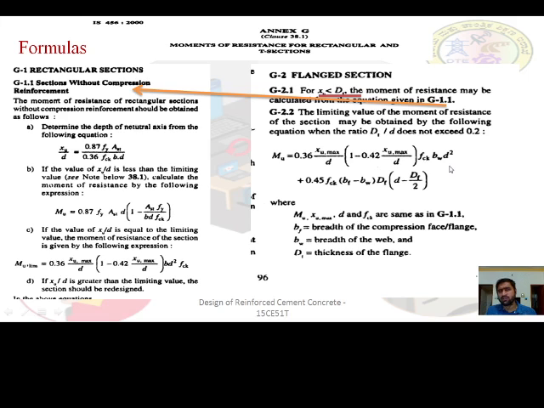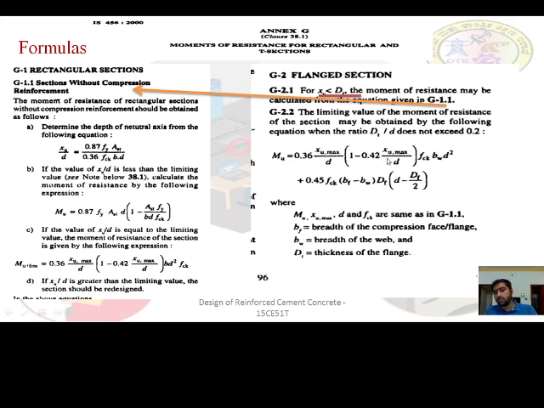It is the same formula; they are given just once and do not repeat them. So we just change XU max to XU when XU is less than XU max and DF by XU is less than or equal to 0.43, and use this equation.